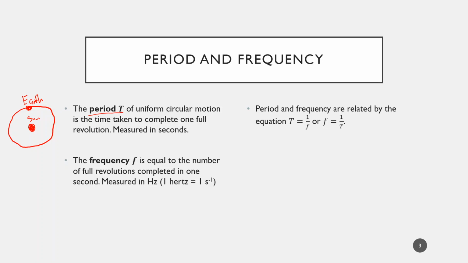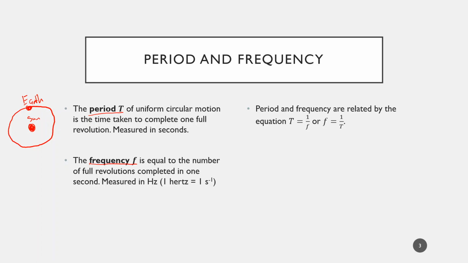Related to this is the frequency, which we give the symbol f. This is equal to the number of full revolutions completed in 1 second. Let's say I'm swinging a hammer above my head, like in the hammer toss, and I make that hammer move once around the circle every 1 second.